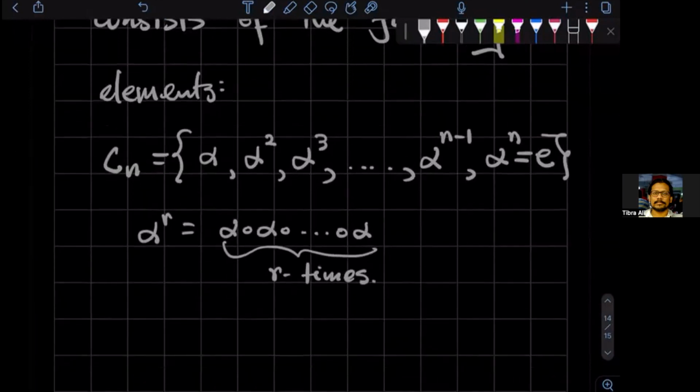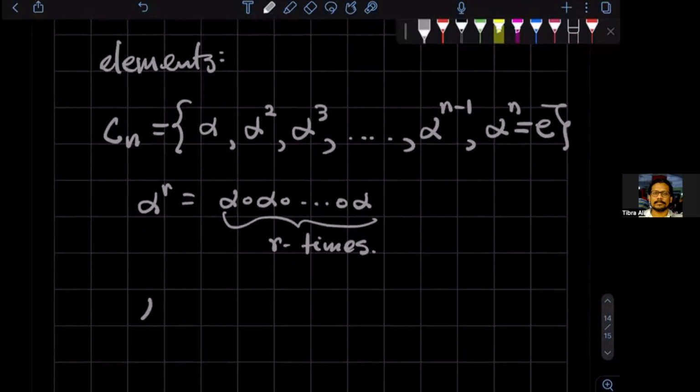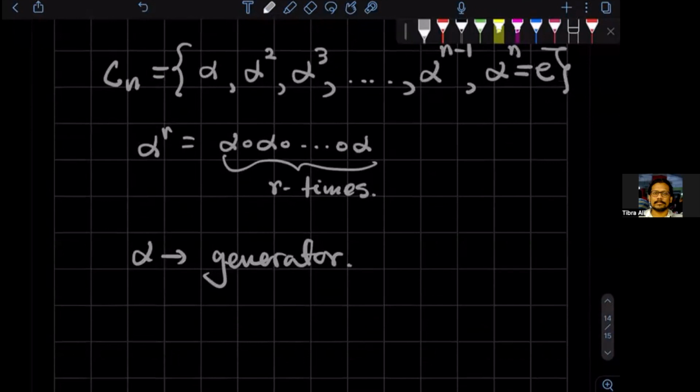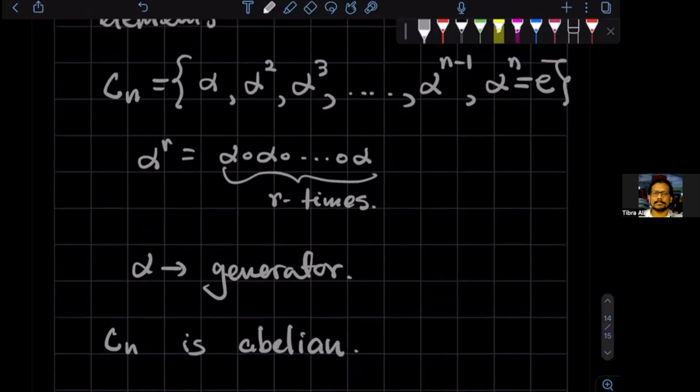So this group is called a cyclic group. And alpha is known as the generator. So the cyclic group is abelian. Because, as we can see, the group elements are generated by one element.